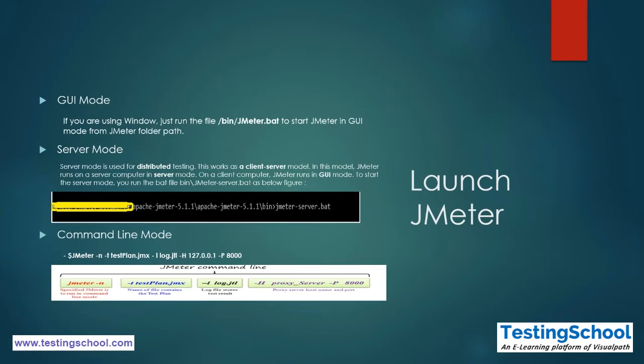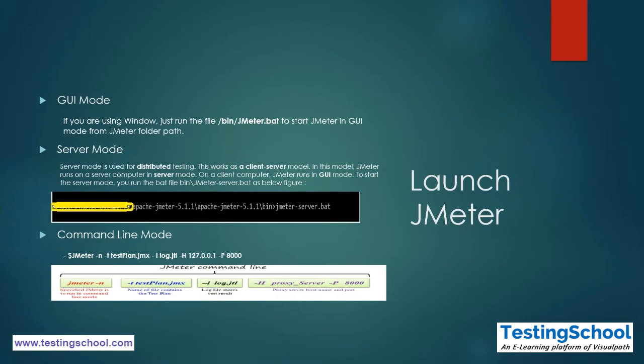Now next is different types of launching of JMeter. So basically, as you can see on the slide, the first one is the GUI mode. GUI mode is where, once you are ready with the configuration and settings, everything, and your JMeter is ready to launch, you can go to the JMeter folder where it has been installed. After that, you need to go to the bin folder. Inside the bin folder, there will be multiple bat files.